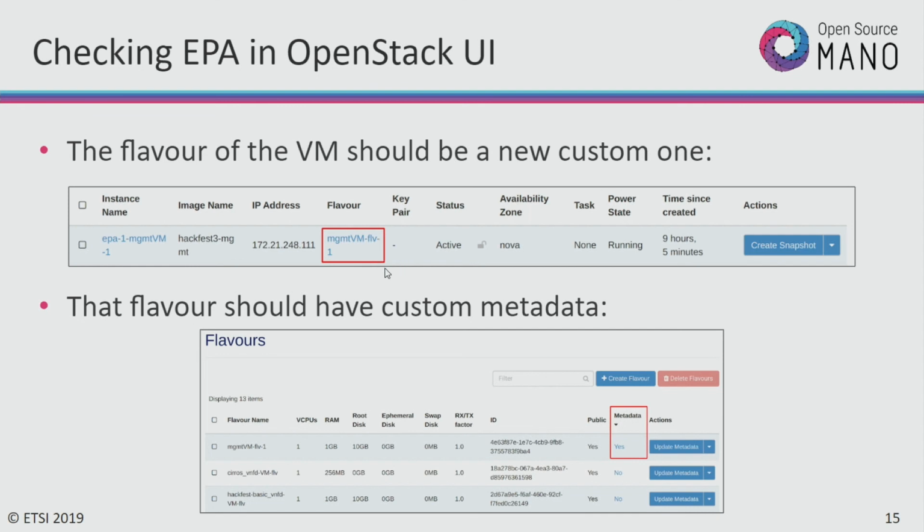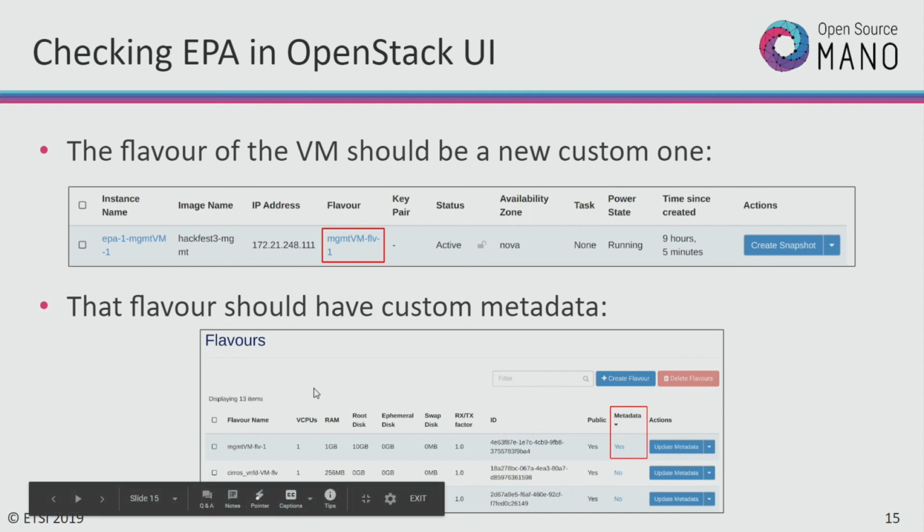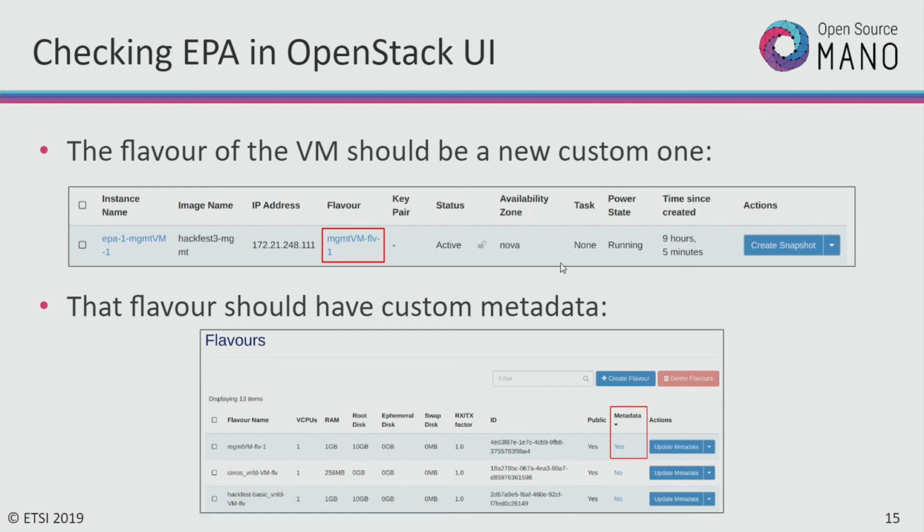That specifies all of the EPA that we're going to see in the next slide. So you look at the flavor of your new VM. This is also done with administration privileges. So in this case, you won't be able to see, but it looks like this.